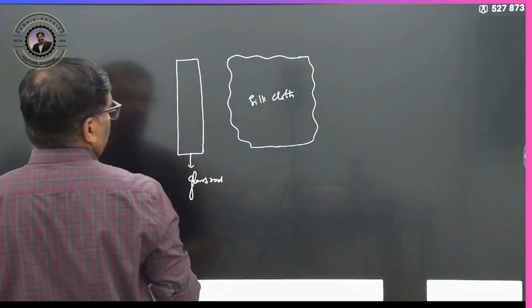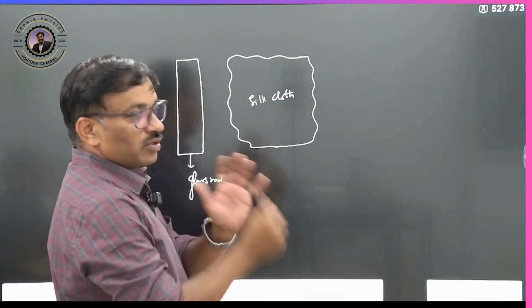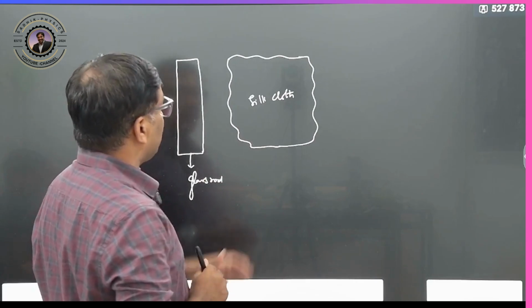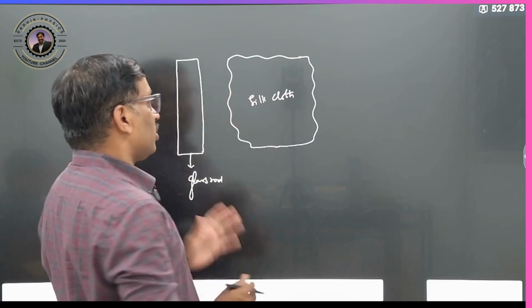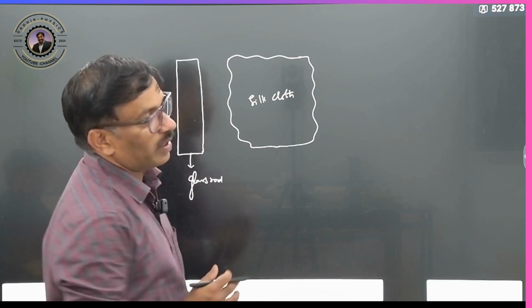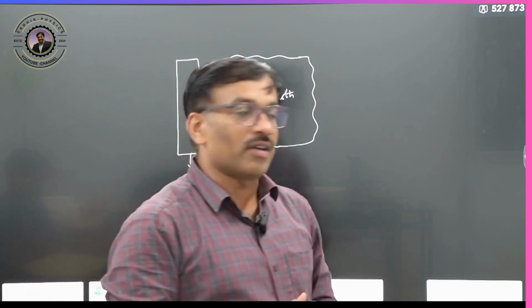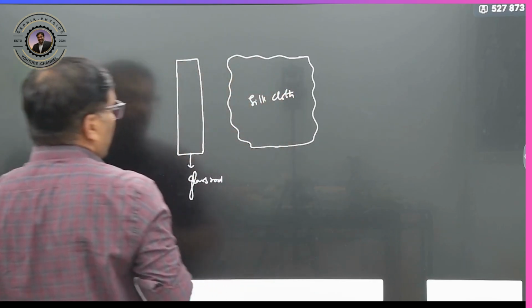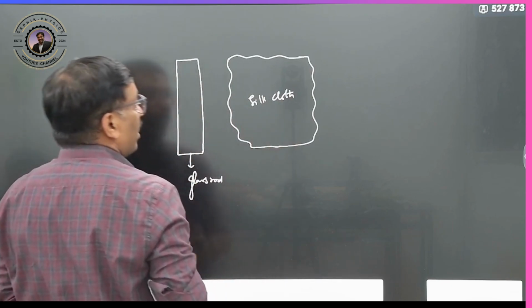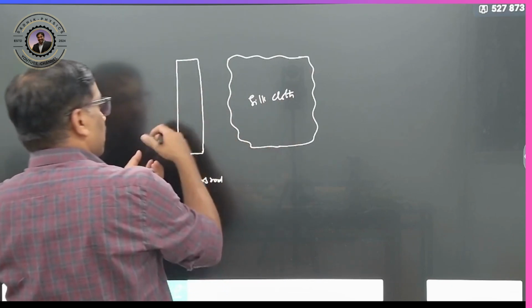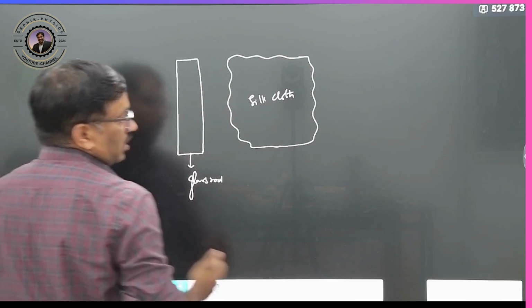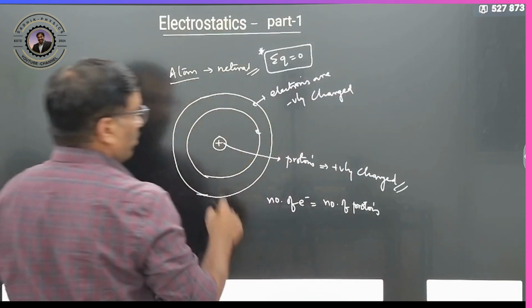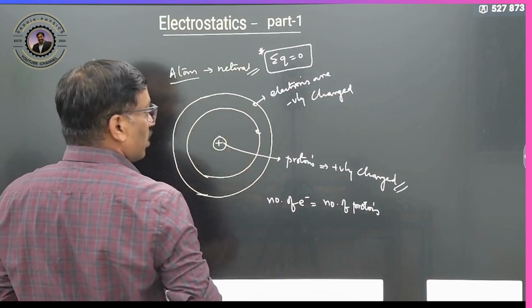We rub the silk cloth and glass rod against each other. Initially both are neutral, but due to rubbing they become charged. How? Some of the electrons from the glass rod go to the silk cloth, and some electrons from the silk cloth go to the glass rod. So electrons can be removed or added.